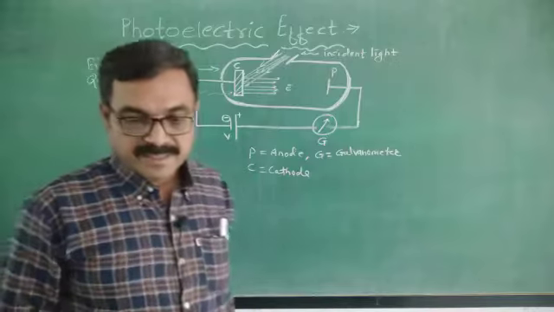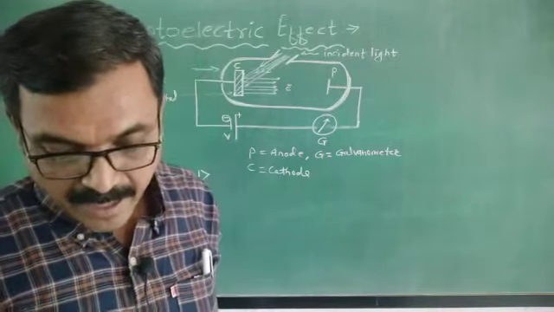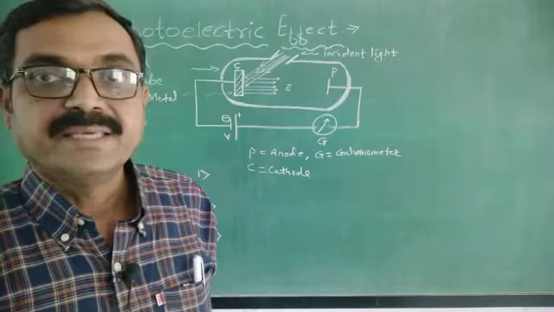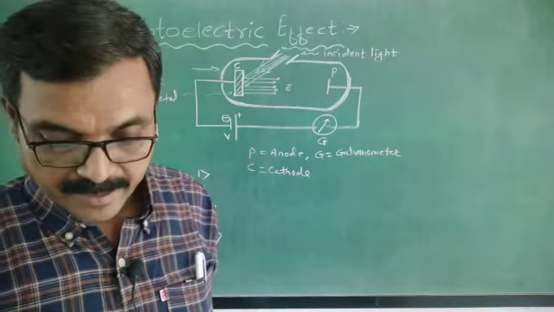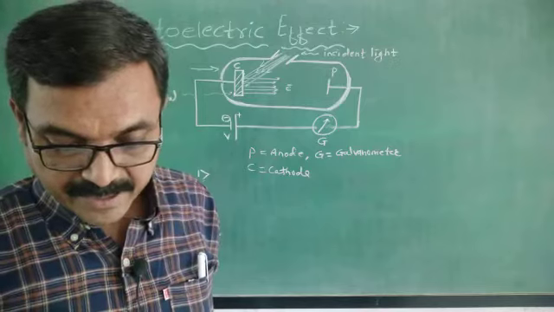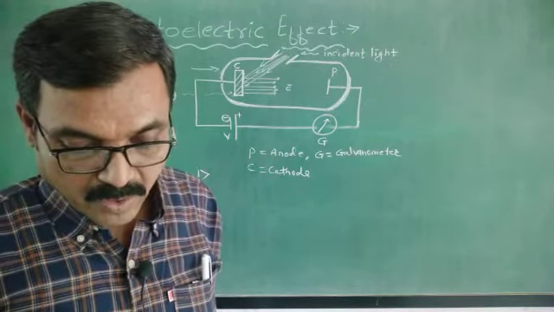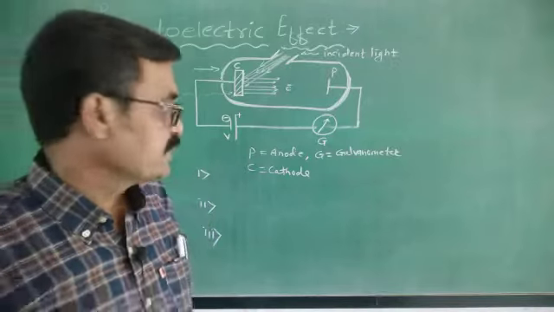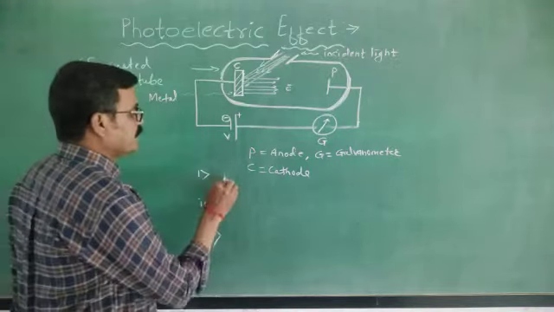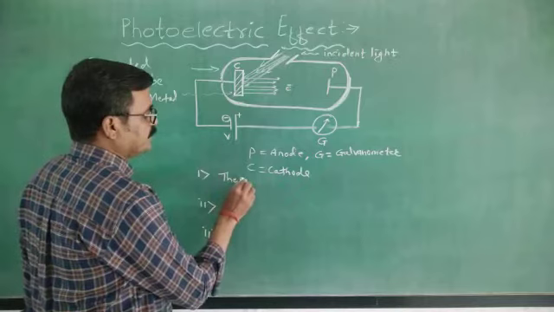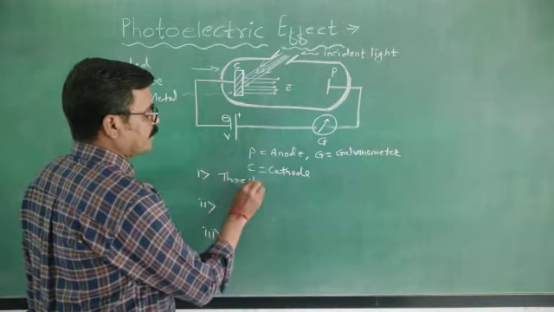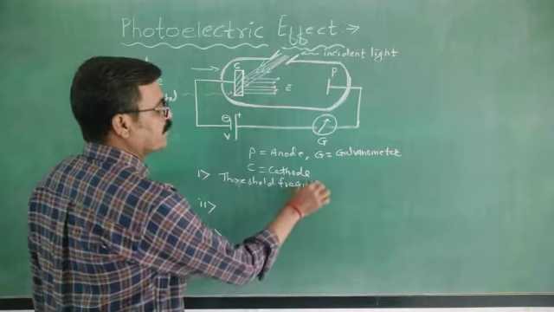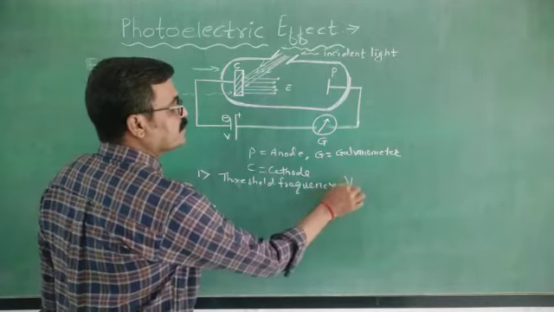These different metals have a minimum frequency of incident light below which no electrons are ejected, and this is called the threshold frequency, that is nu zero.